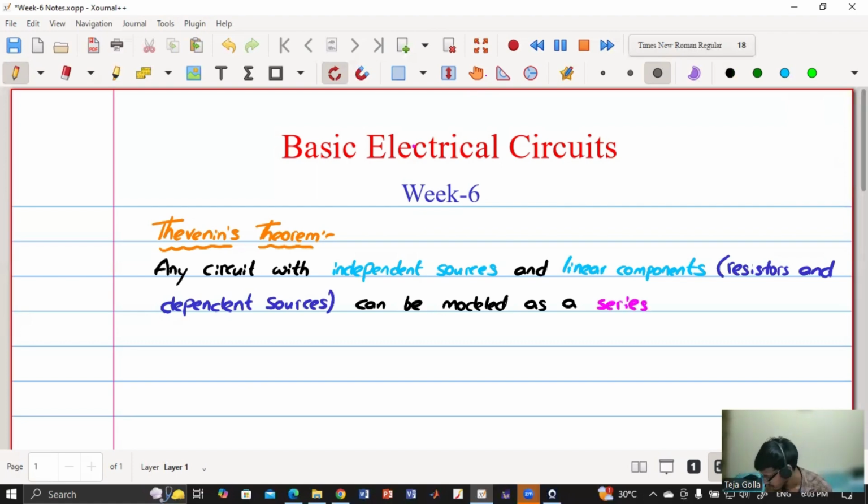A series combination of a voltage source, which is VTH, and a resistance RTH.